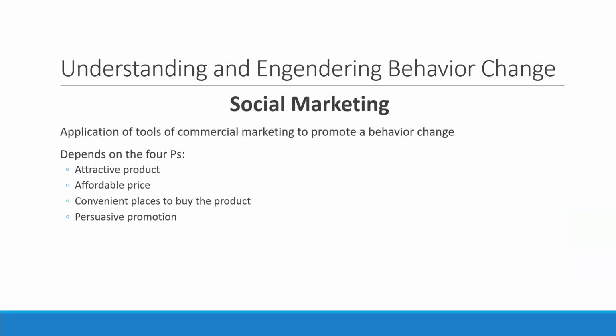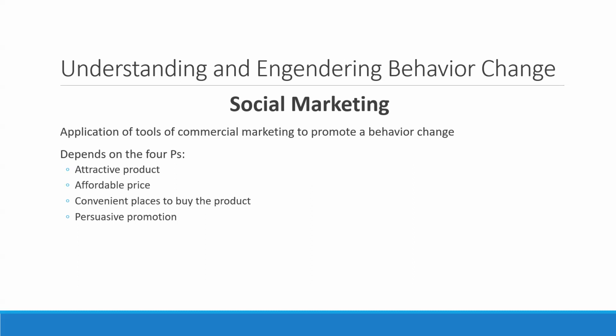Finally, social marketing. I don't know why I said finally, it might not be finally. Social marketing is a tool used in commercial marketing that researchers and programmers have tried to apply. We're so good at marketing products, right? Here in the United States especially, the amount of skill and talent in the advertising world and in companies that sell us things is amazing. We watch a commercial, we want that, right?